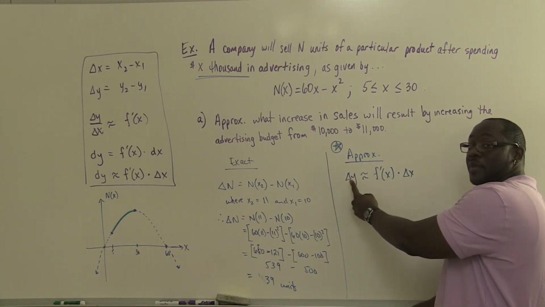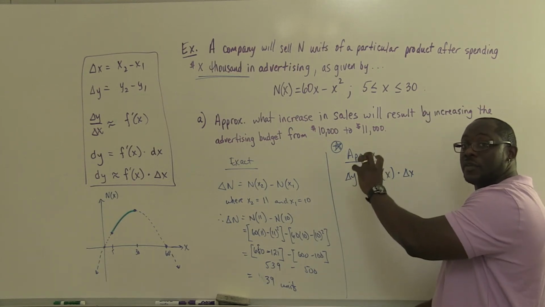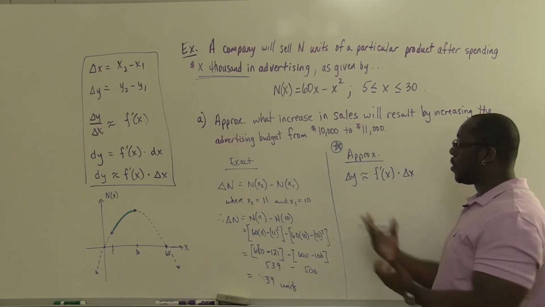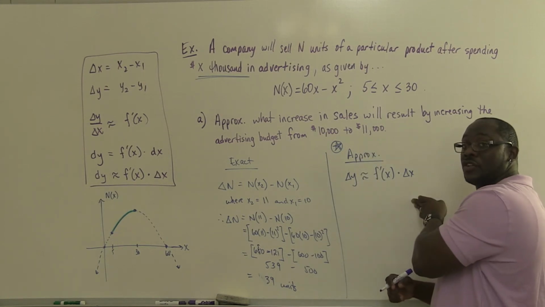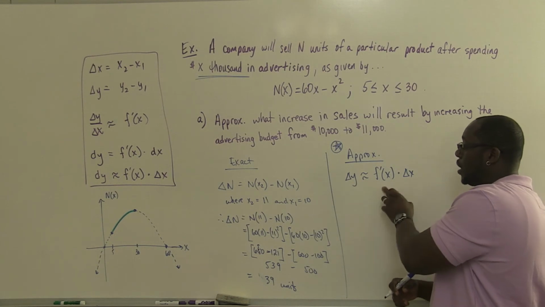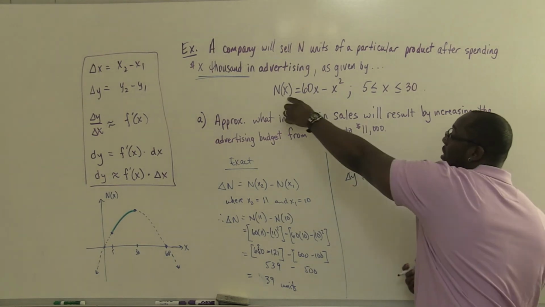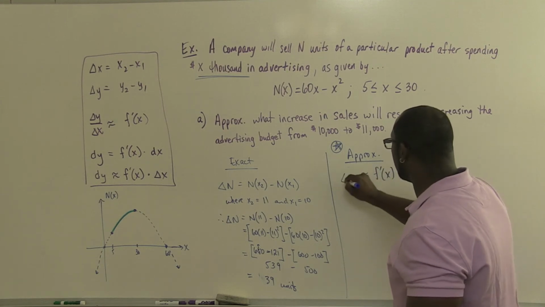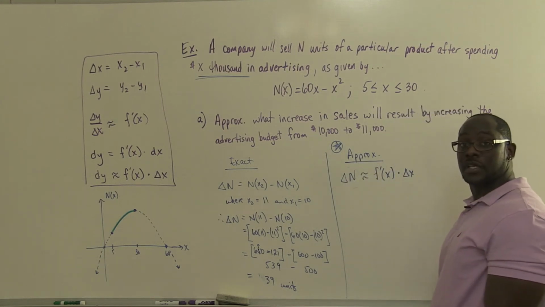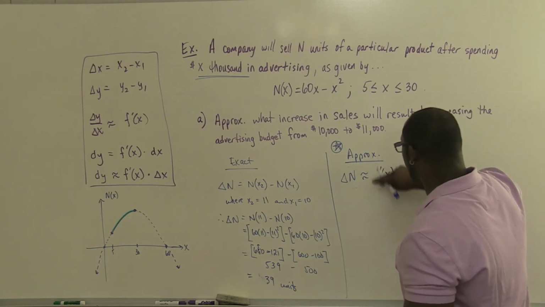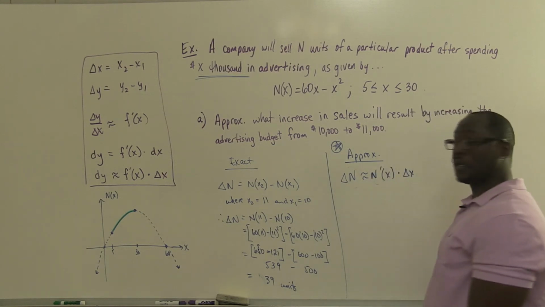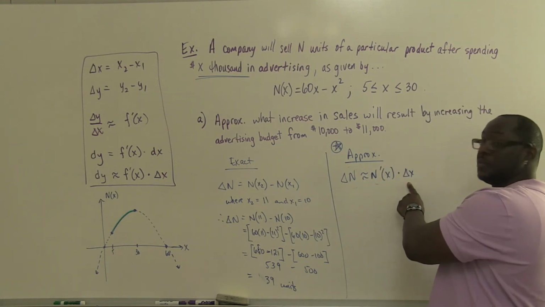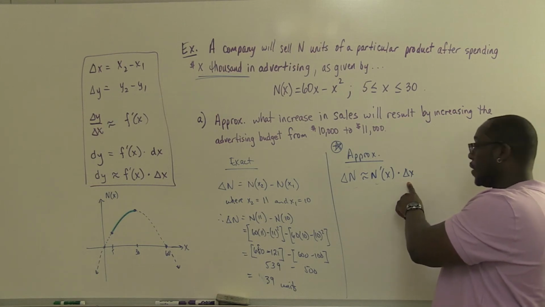We want an approximation for the increase or difference in sales. So all I'm going to do now is change this from y in f of x notation to N in x notation. So this would be delta N, and this would be N prime of x, and this would be our delta x here.